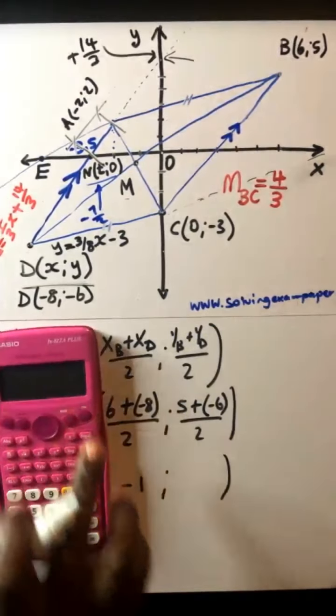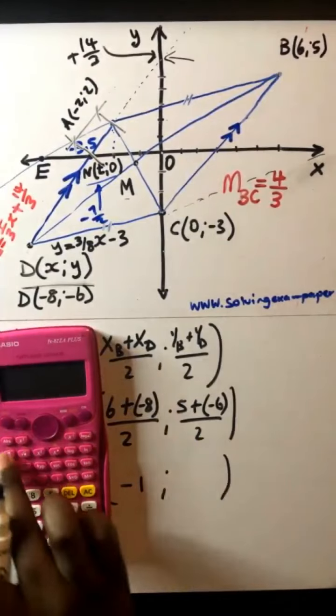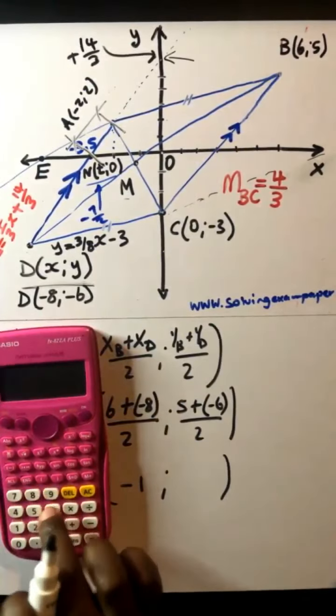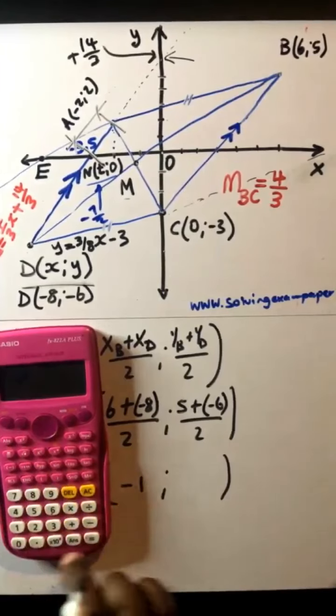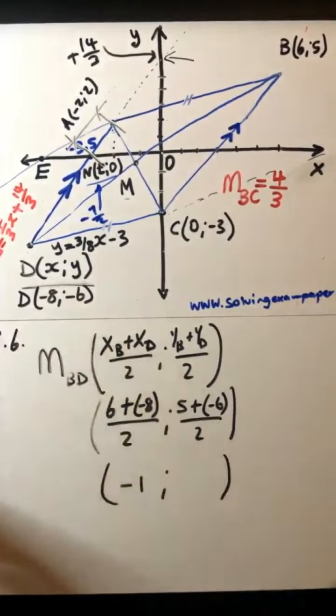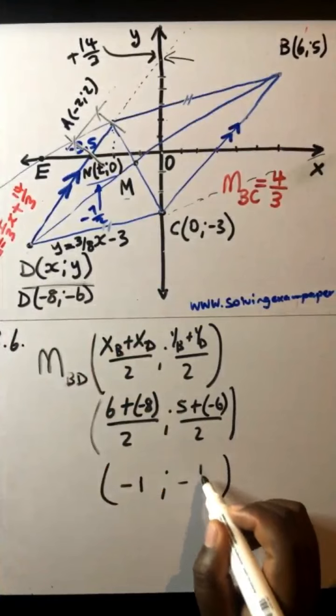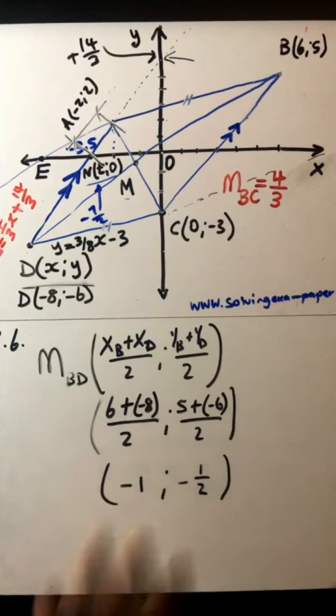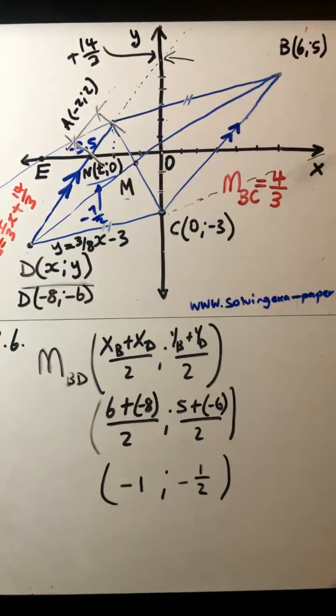Then you do the calculation for that fraction button, 5 plus -6, close, at the bottom you divide by 2, and I'm getting -1/2. Guys, before I continue with this question, are you understanding this part? Are we on the same page? Yes, sir. Okay, great.